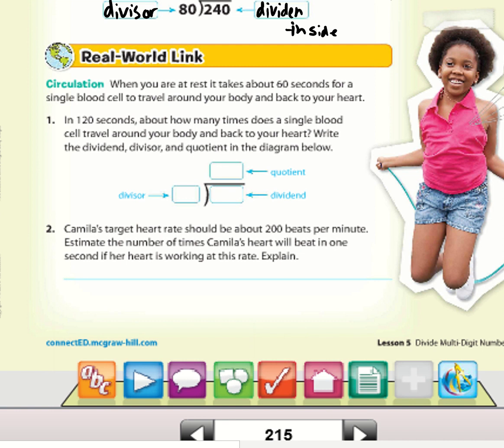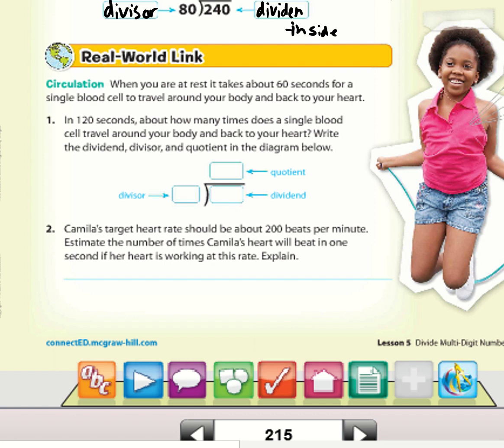Alright, so the real world link. When you are at rest, it takes about 60 seconds for a single blood cell to travel around your body and back to your heart. In 120 seconds, about how many times does a single blood cell travel around your body and back to your heart? Write the dividend, divisor, and quotient in the diagram below.